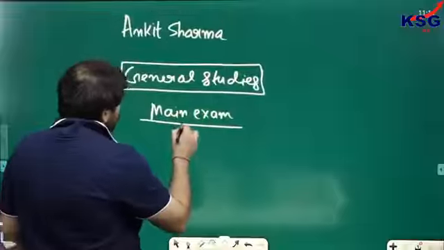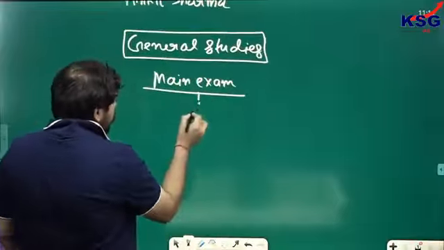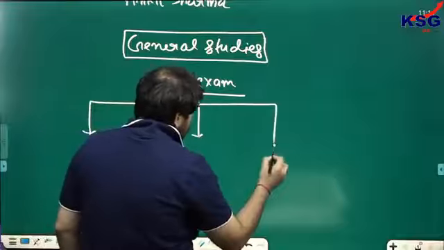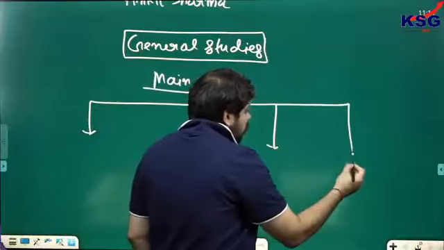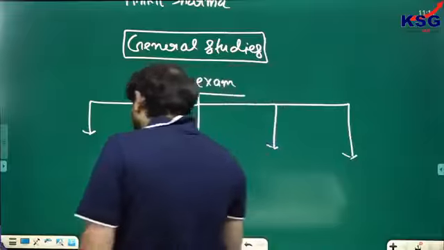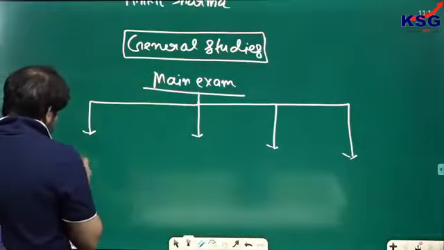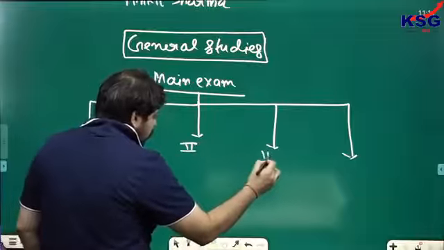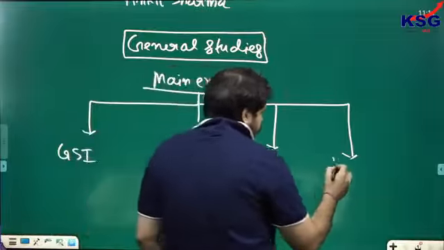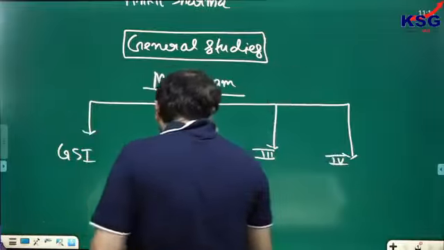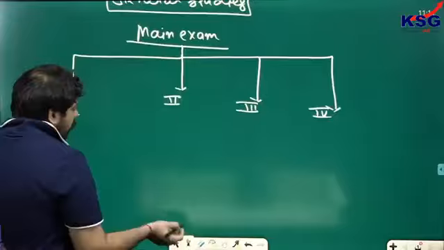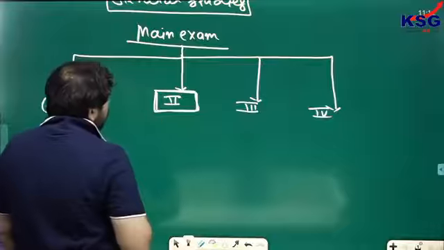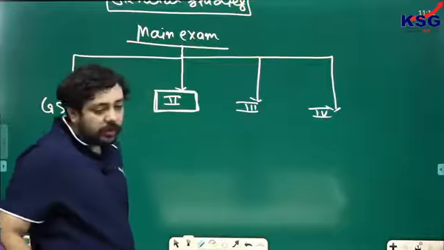The main examination GS paper is divided into 4 categories: GS1, GS2, GS3, GS4. The subject of governance is placed in GS paper number 2. This is the paper that I deal with mostly.